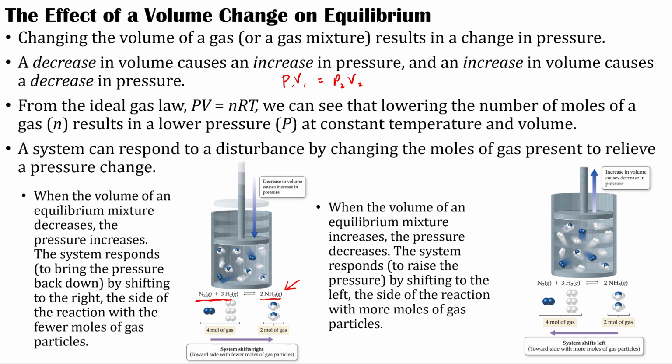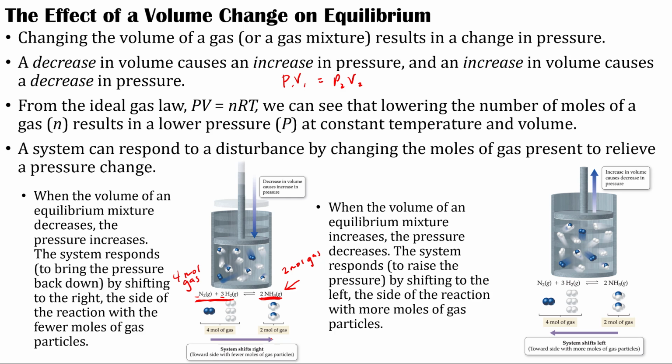This side of the reaction, the reactant side, has 4 moles of gas total. It has 1 N2 and 3 H2, whereas the product side of this reaction only has 2 moles of gas present. So if we give it less space to move around in, it's going to go to the side with less moles of gas because it has less space to exist. So it's going to shift forward.